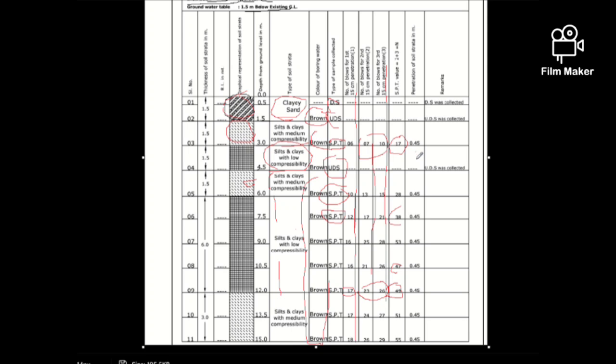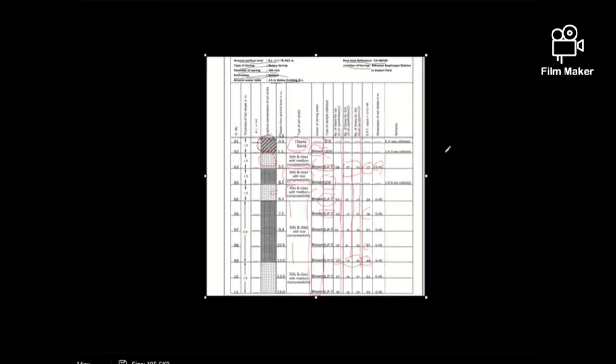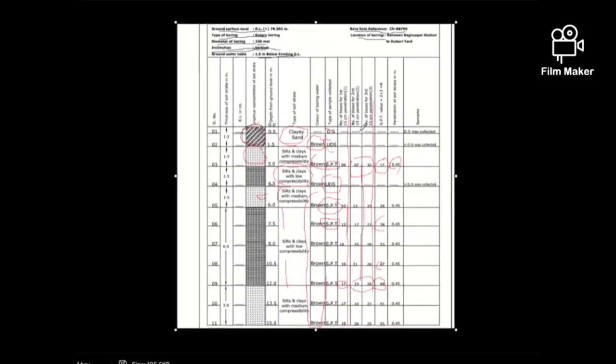And as per site, the penetration depth, 0.4 meter, means 450 mm of the sampler depth. So this is one type of record of the SPT test.